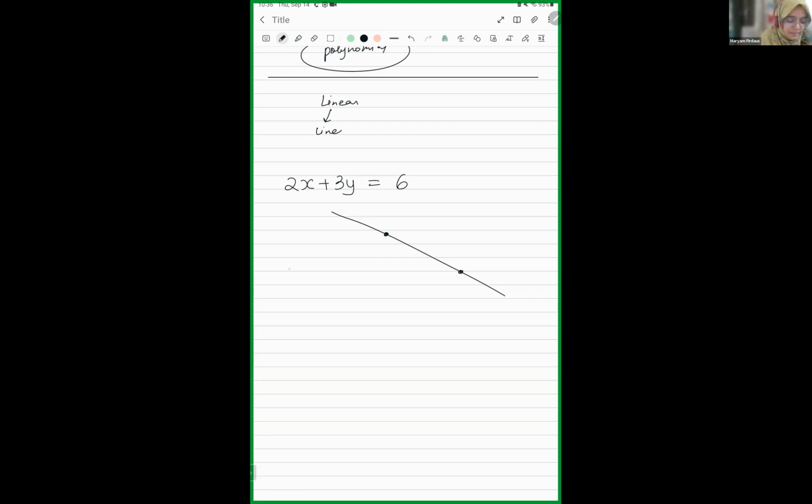Please write it. Every point that lies on a line will be a solution to its equation. Now, what does this mean? Look at the graph. Can you see that there are 2 points that are boldly mentioned?